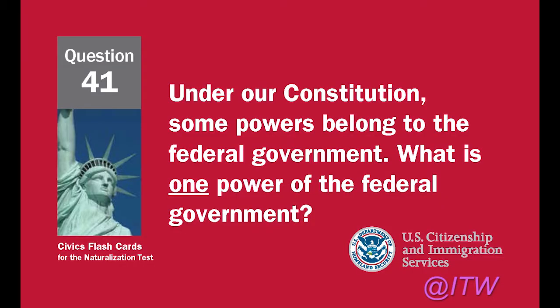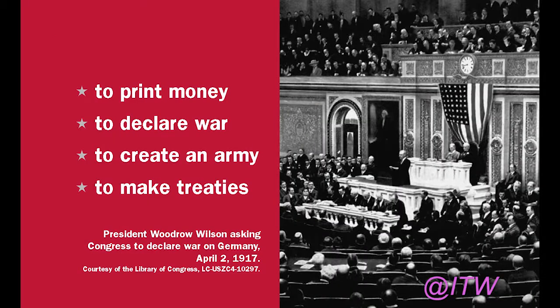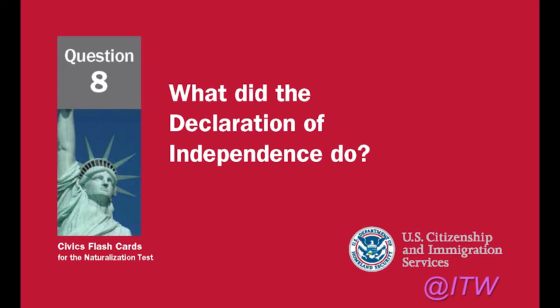Under our Constitution, some powers belong to the federal government. What is one power of the federal government? To print money. To declare war. To create an army. To make treaties. What did the Declaration of Independence do?